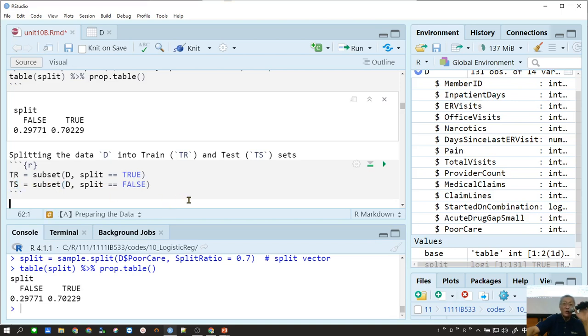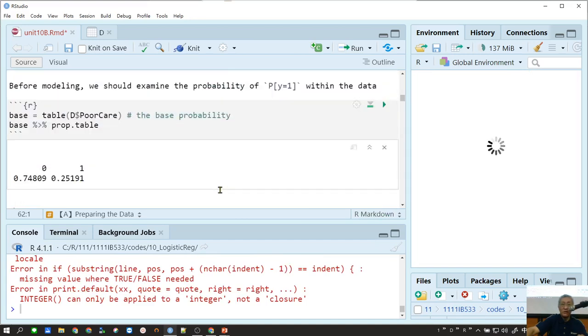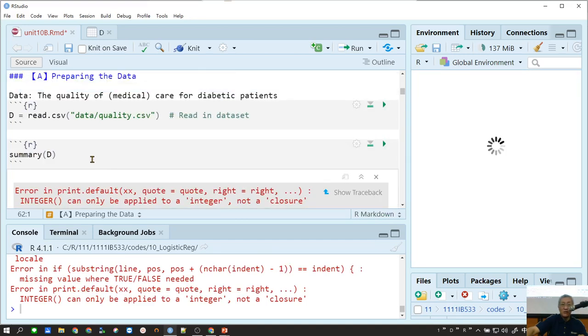Okay, so as you will see that. There's a bug here, I think.